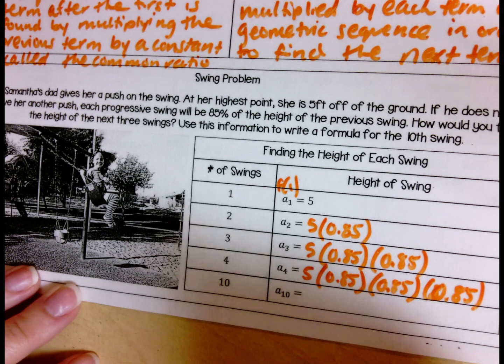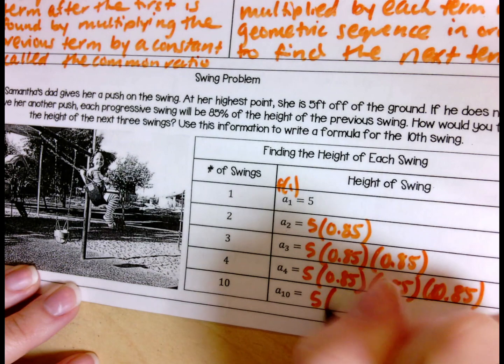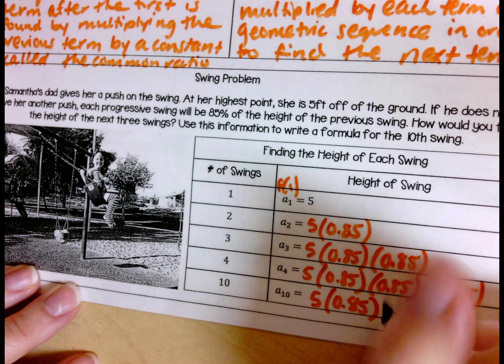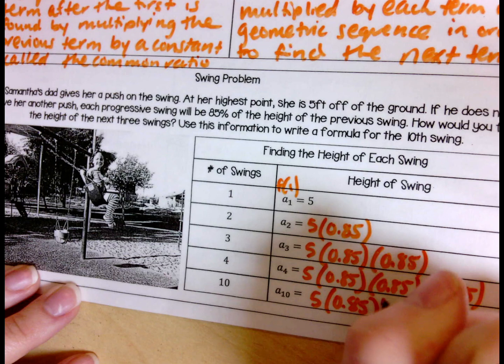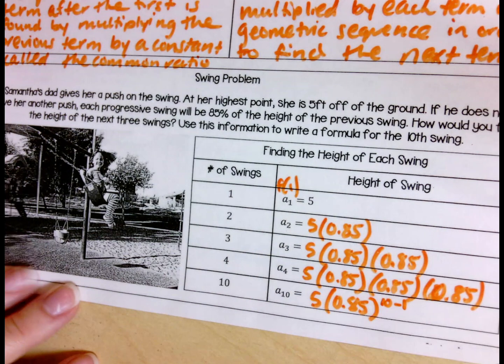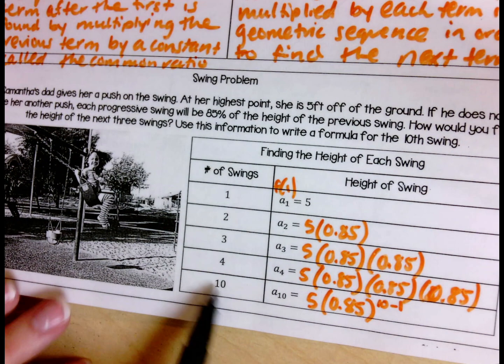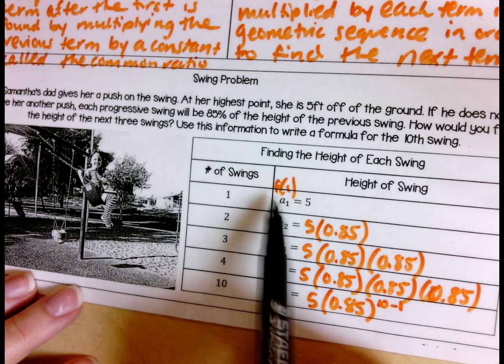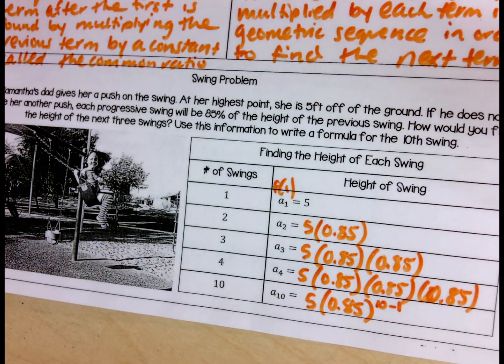But rather than writing it out, we could take that 85% and raise it to the 9th power, or 10 minus 1. Okay, because it's the number of swings minus 1, because that first swing was that full 5 feet. Okay, and so that is the pattern or the formula that we would use. All right, so we'll talk a little bit more about that in just a minute.